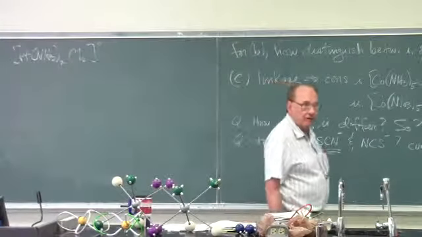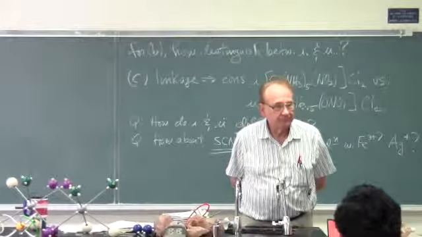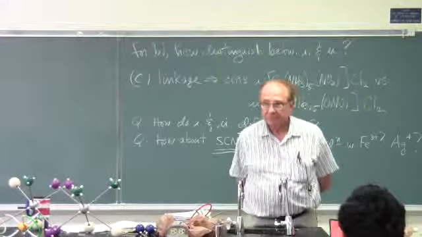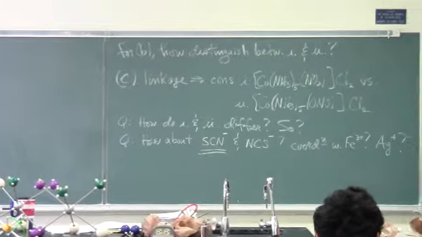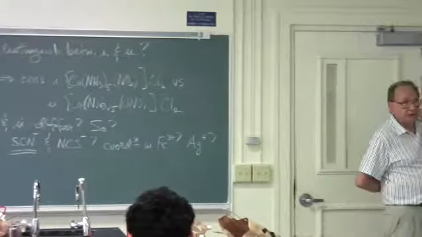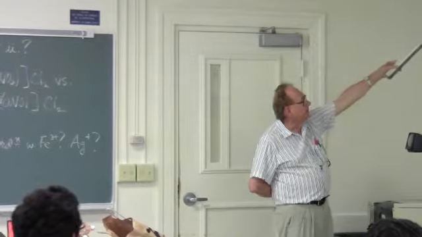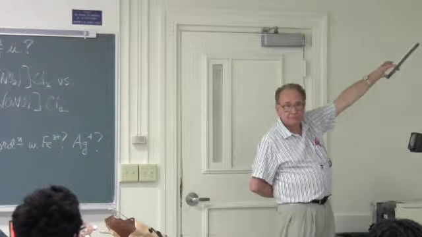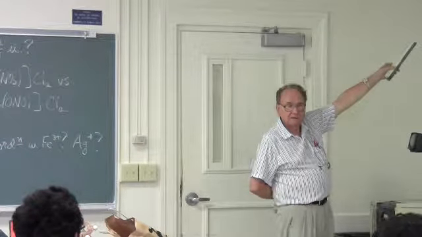In what valence orbital or orbitals do these 8 valence electrons reside? Nickel, period 4, valence d electrons are 3d. Palladium, period 5, d valence electrons are 4d.